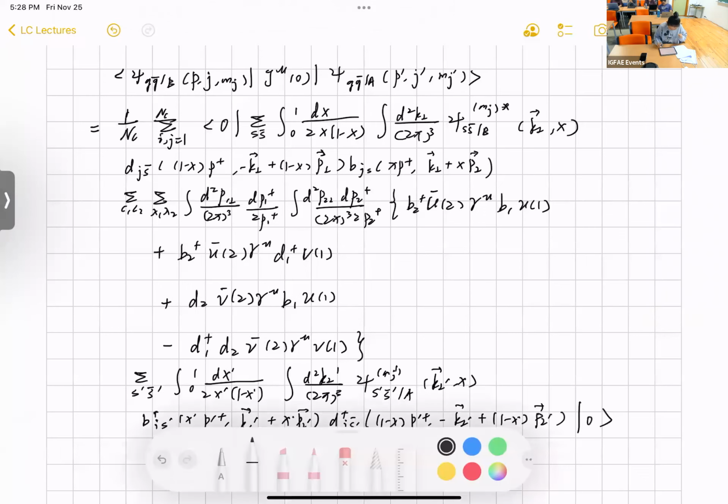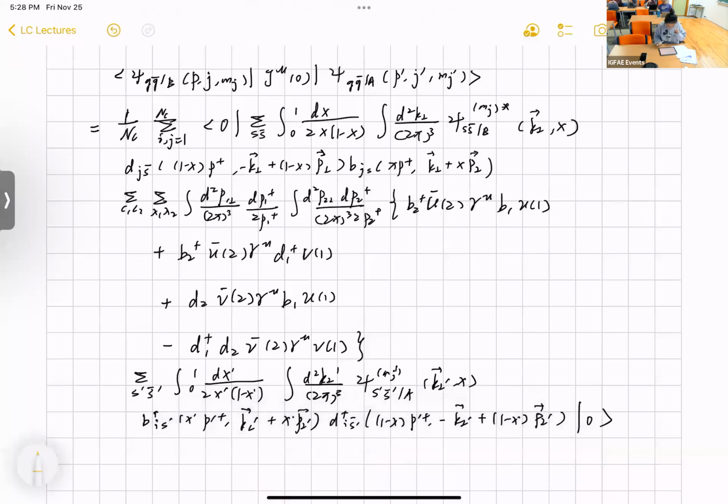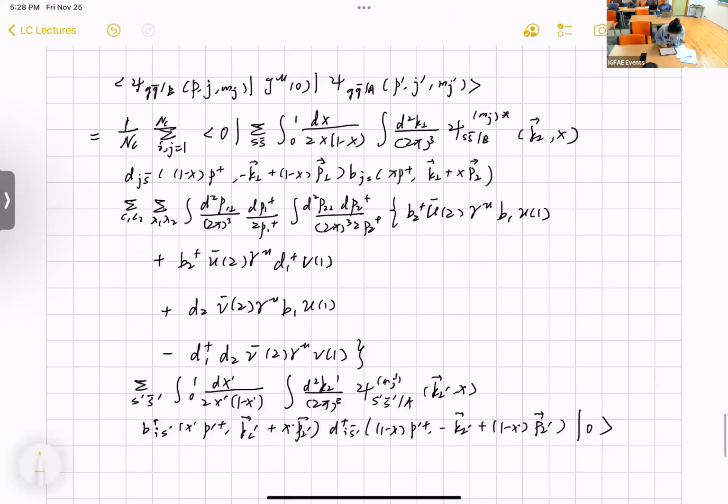Okay, so now we can make some contractions between the creation and annihilation operators. You see that we get 4 terms from this G mu, but since we are considering the mesons only in the leading QQ bar Fock sector, only 2 terms survive: this term and this term.